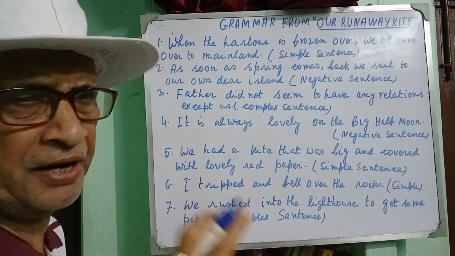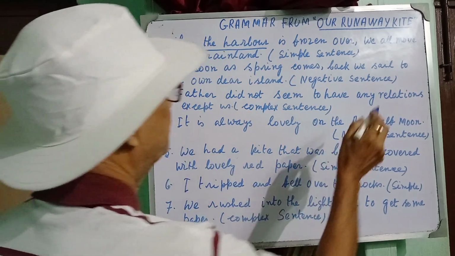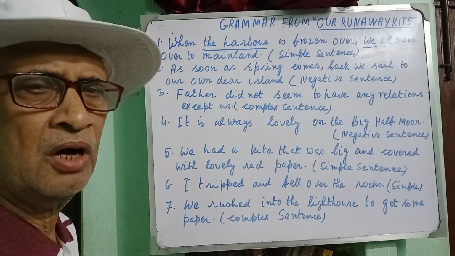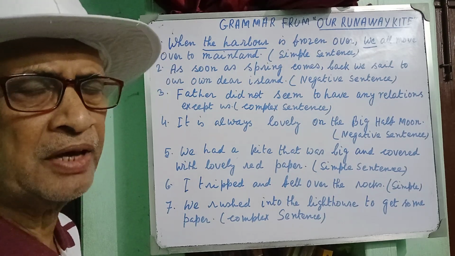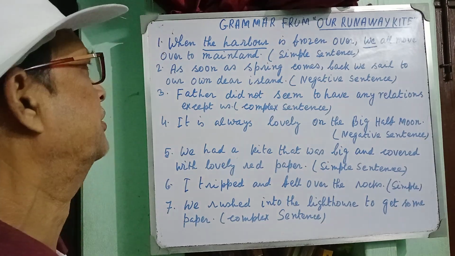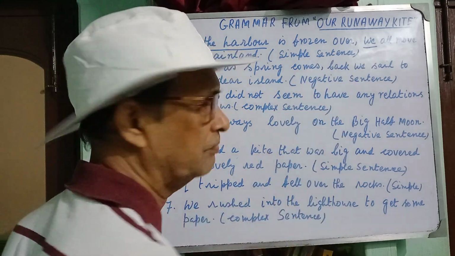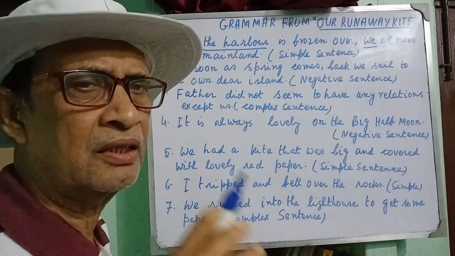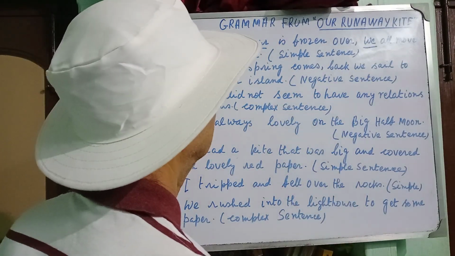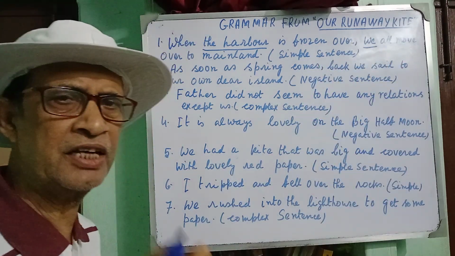As the subjects are different, that is the harbor and we, two different subjects, you are at liberty to use absolute phrase to convert the sentence into a simple sentence. The harbor being frozen over, or the harbor having been frozen over, we all move over to the mainland. That is the solution.